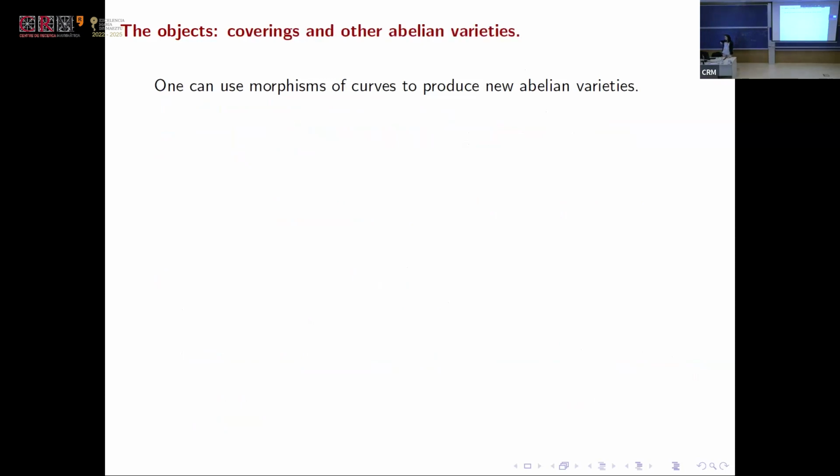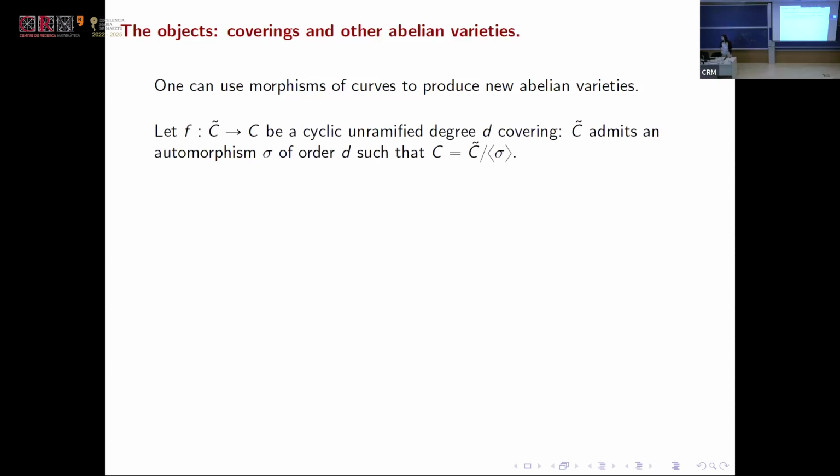We have curves, we have Jacobians, and another way to produce abelian varieties is considering coverings of curves. Suppose we take a curve C tilde of genus g tilde, and I consider an automorphism sigma of order d acting on the curve. It's just moving my points on the curve, and C is the quotient.